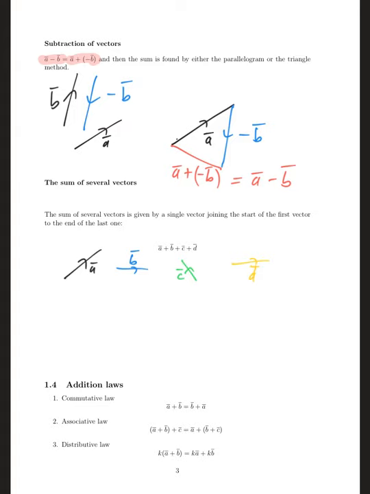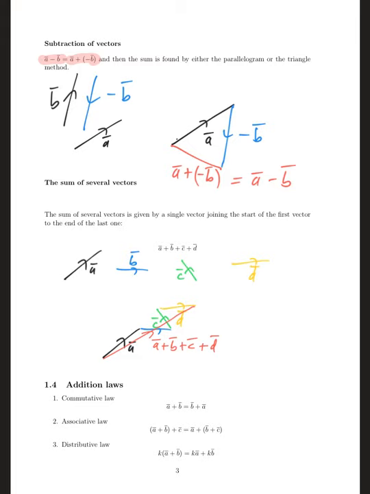I want to add them all together. I just join them all up. And that red vector there is the sum of the four vectors A, B, C, and D. Crudely drawn, but you get the point, I hope.